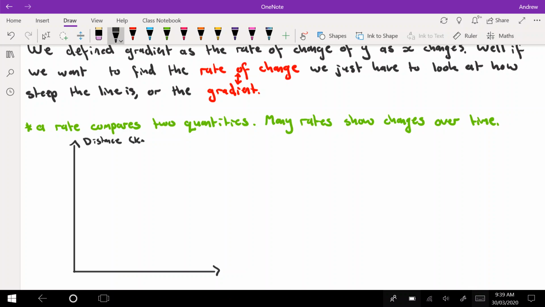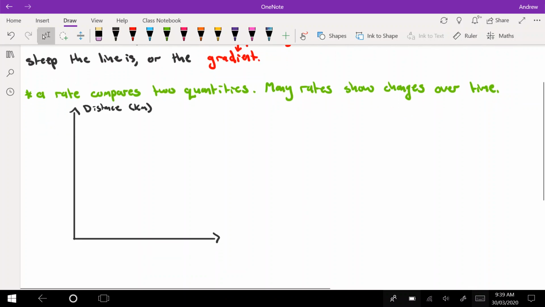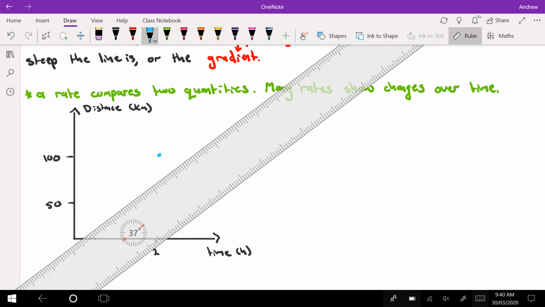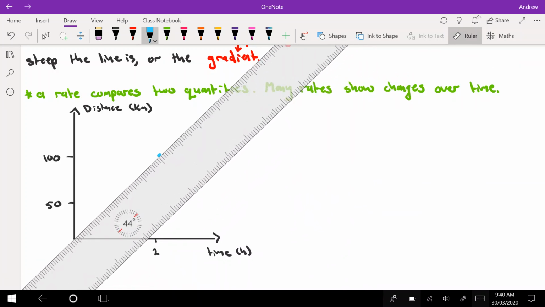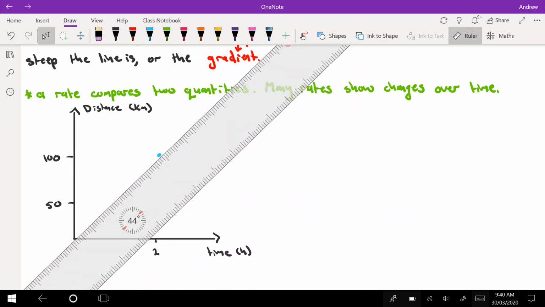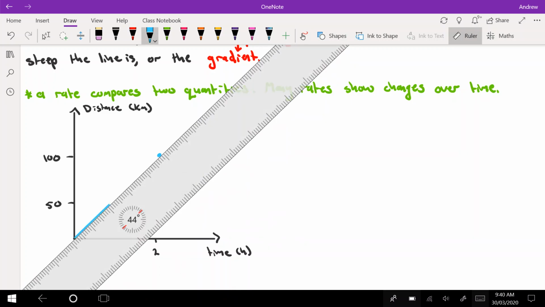If you are asked to draw any of these, it's really important that you put the units on your axes because that is going to help you find your rate. And so let's say this here is going to get me to 2, and then this is 50, and that's 100. I'm going to draw a line at 100, 2, and then connect that to my start. I obviously haven't traveled any time at the start at 0, so I'm going to connect this point 0 to that line there.